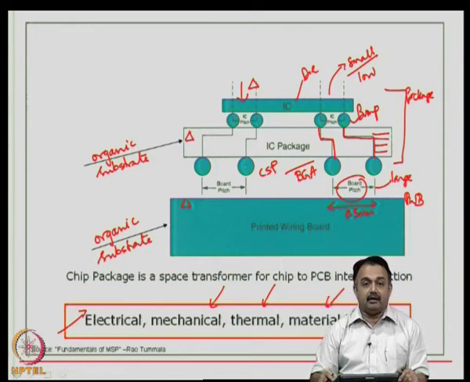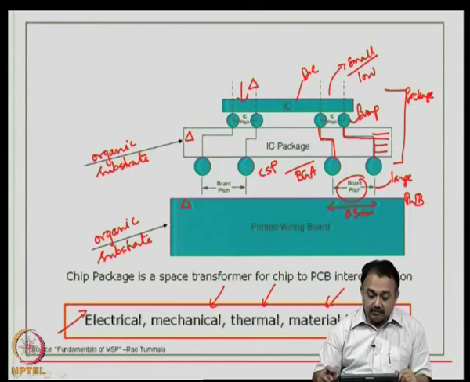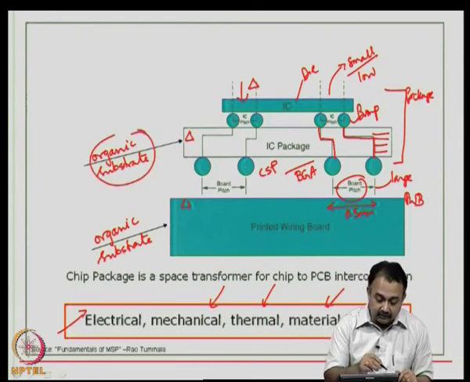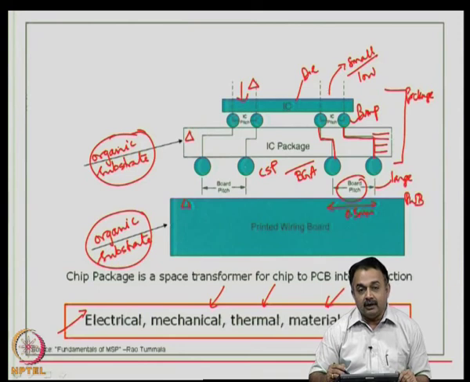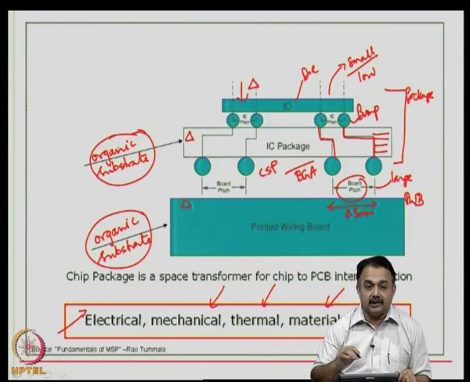When you design a particular package for which a particular organic substrate is used, and then if you are going to use dielectric materials which are going to be conducive for the application, then you are saved.